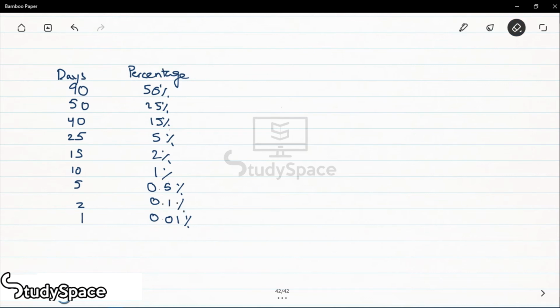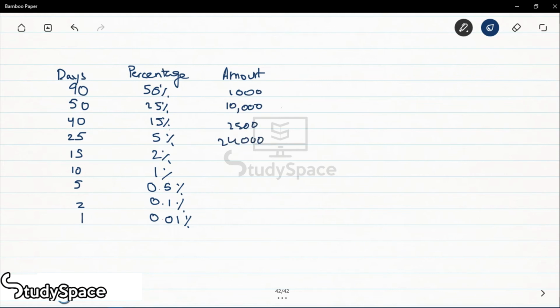This gives us the days of bad debt, and this gives us the percentage that we have to apply. Now we're going to write down the amount to which the percentage needs to be applied for us to calculate the bad debt. This amount can be any random number, for example 1000, 10,000, 2500, 24,000, 52,000, 9600, 82,000, 2,700, and lastly 100.